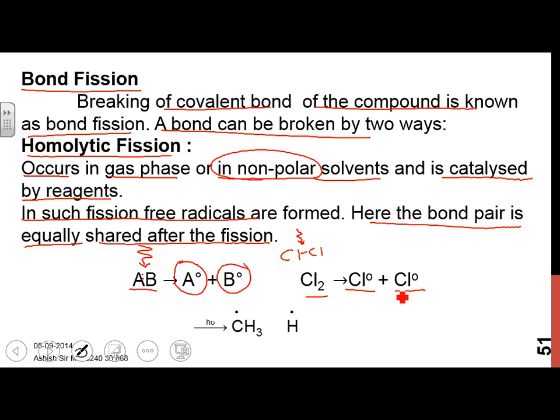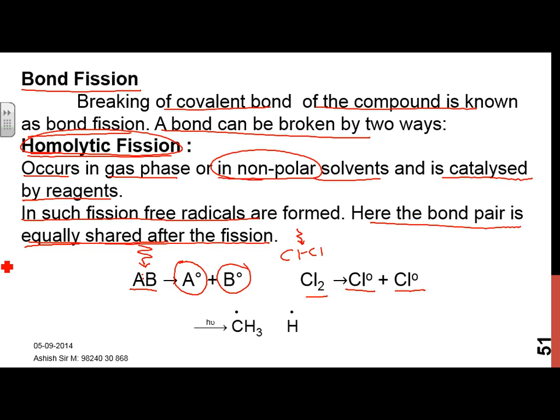So if electrons are equally shared after the fission, then this fission is known as homolytic fission. Is that understood? First of all, fission means breaking of a bond, and if it is equally broken, then it's called homolytic fission. That's the first one. Any doubt over here?